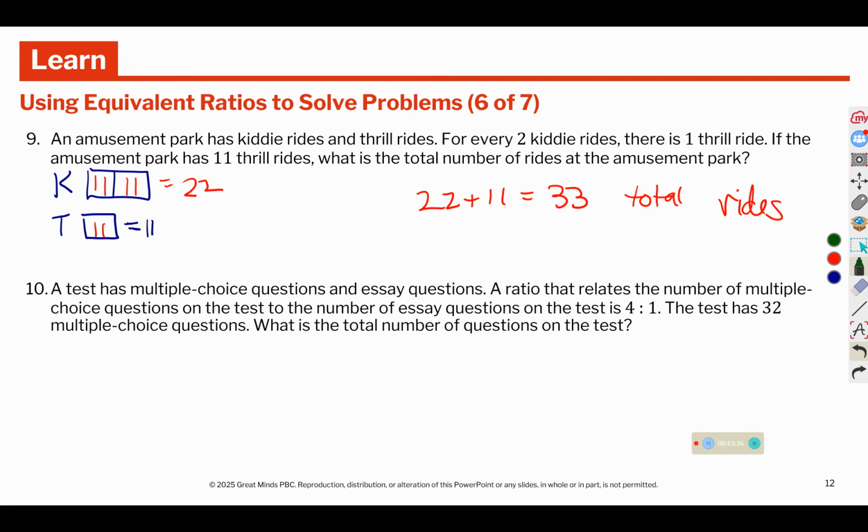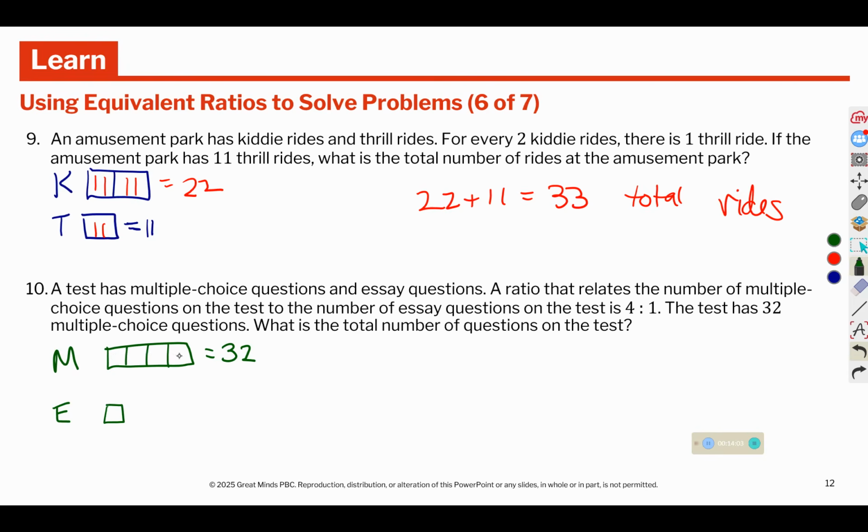A test has multiple choice questions and essay questions. A ratio that relates the number of multiple choice questions on the test to the number of essay questions on the test is 4 to 1. The test has 32 multiple choice questions, so just the multiple choice is 32.